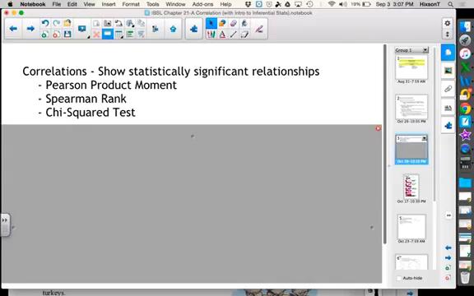For example, someone in their IA last year compared what sport a person played and GPA. Okay? Did the sport that you play have a relationship with your GPA? And the cool thing about this is you're dealing with categories, so it's actually nominal data. At least some of it's nominal data.